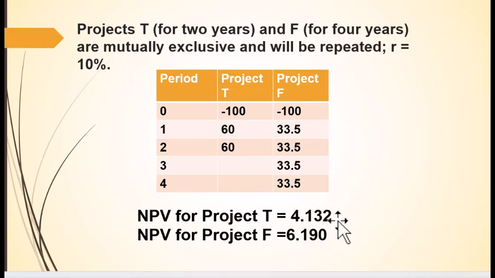T has a net present value of $4,000, and F is $6,000, or 4.1 and 6.1. If you're doing a mutually exclusive project, we know here that project F would be selected. But is that the best project for the company? Again, project F has more cash flows, so it has an advantage.